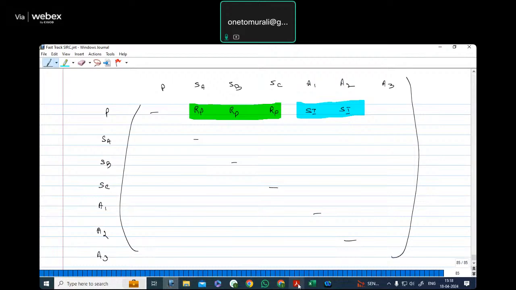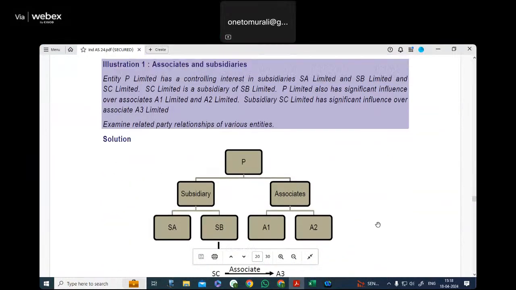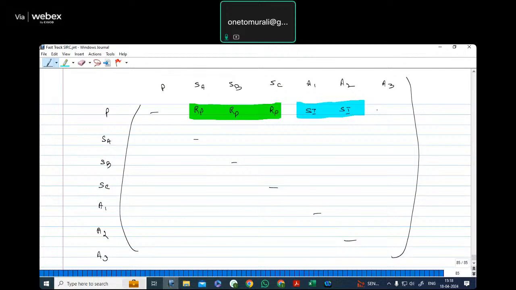What is that about A3? It is an associate of SC. Significant influence.